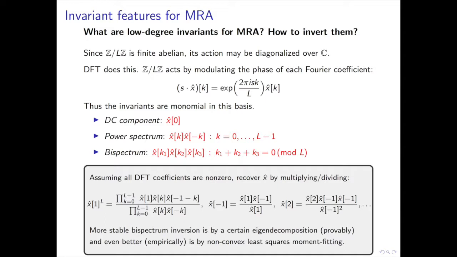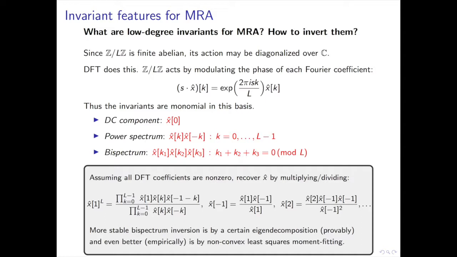So what we've shown here is that under that hypothesis on x hat, the cubic population moments are enough. Now what about with noise? What if we have noisy values for these invariants, but just a little bit of noise because we averaged over 100,000 images or something? Then multiplying and dividing like this doesn't work very well.